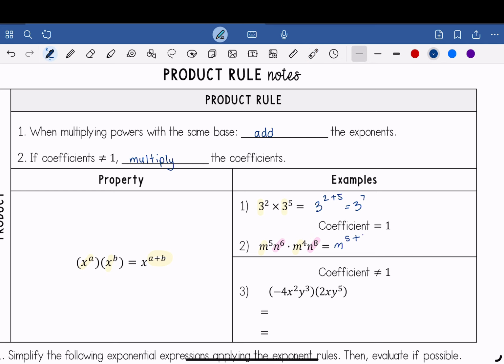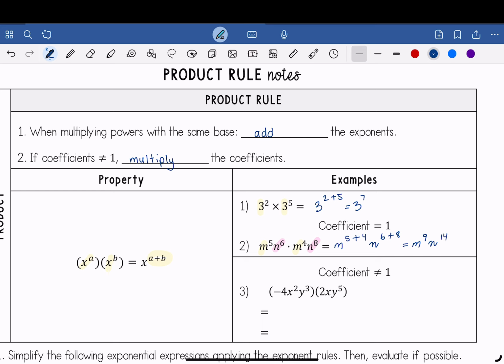So 5 plus 4. And then the next variable, n to the power of 6 plus 8, which is further simplified to m to the power of 9 and n to the power of 6 plus 8, which is 14.